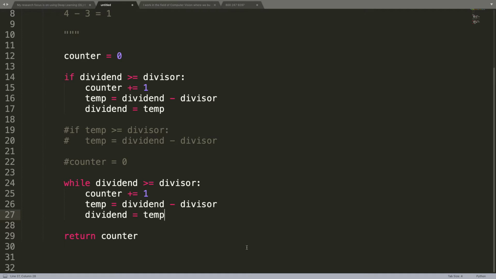Yes. My counter becomes 1. My temp becomes dividends, which is 7, minus 3.